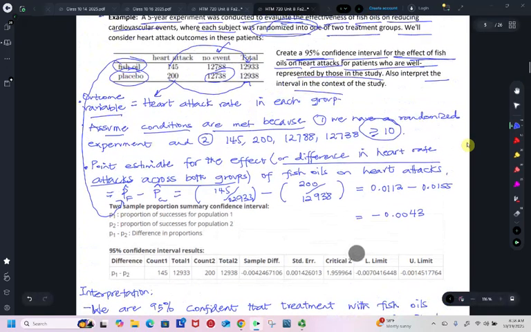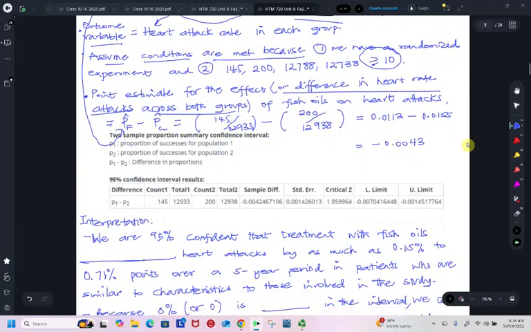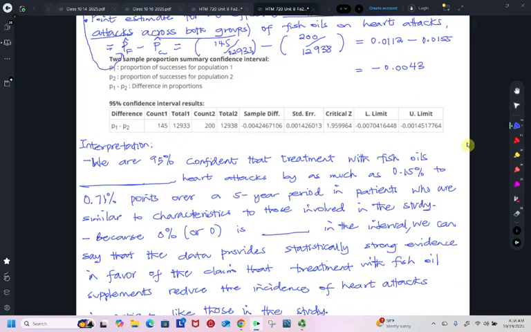Our goal was to construct a 95% confidence interval for the effect or difference that fish oil treatment makes on heart attack incidences. So our point here is that the results we have, the upper and the lower limit, so we can say that we are 95% confident that treatment with fish oils reduces or increases.